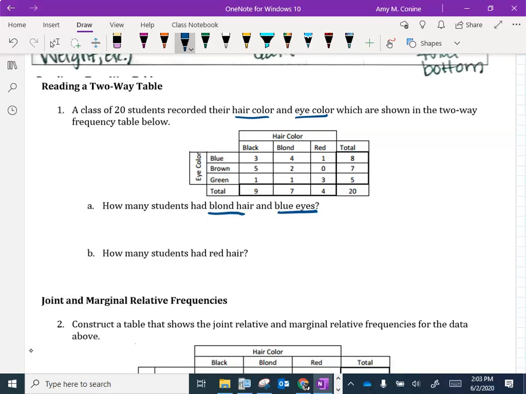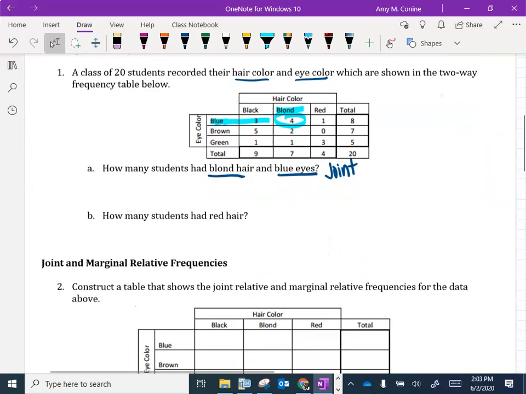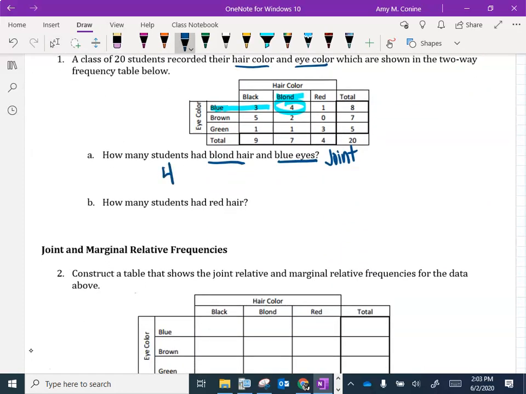If we're looking for blonde hair and they had blue eyes, we would go to where those intersected, and that would be 4. So this would be those joint frequencies, the values in the middle, the joint relative, and there are 4 students that recorded that. Okay, so that's what a joint relative frequency looks like.